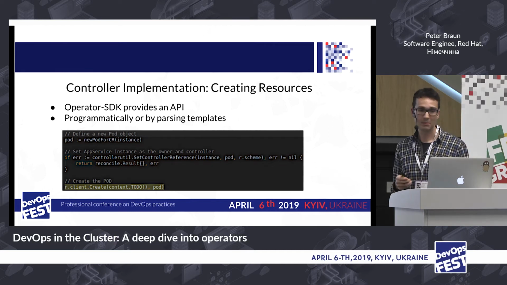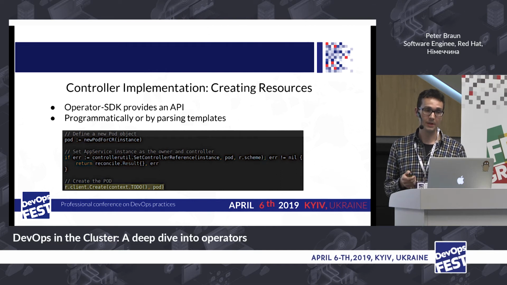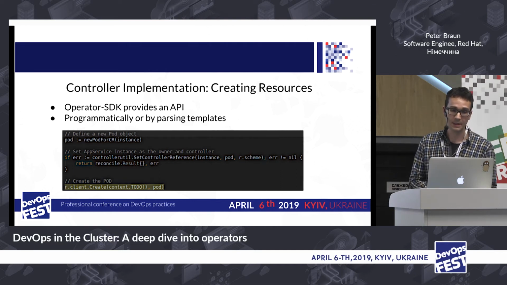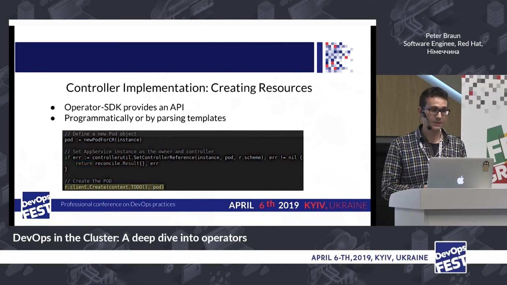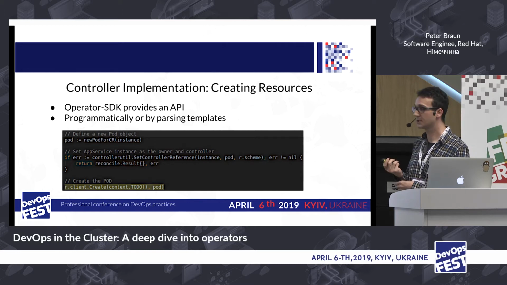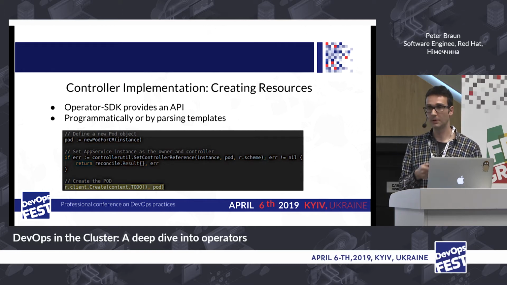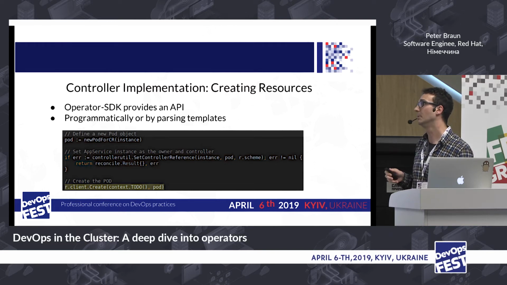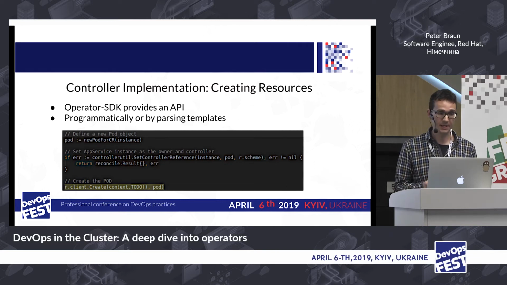Another thing that you probably want to do in your operator is creating resources. The Operator SDK gives you access to a Kubernetes client that abstracts all the CRUDL functions. There are multiple ways to do it. There is the type-safe way, by using Golang structs. So there are structs available for all the common types like config maps, secrets, deployments, and whatever else is there.